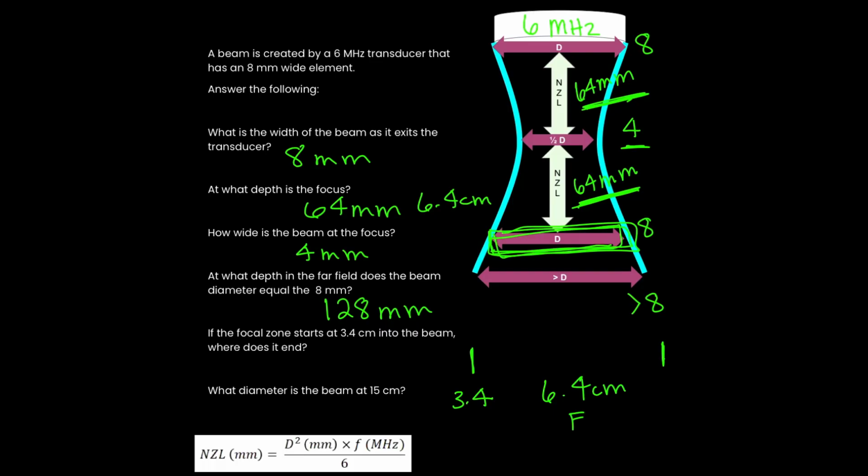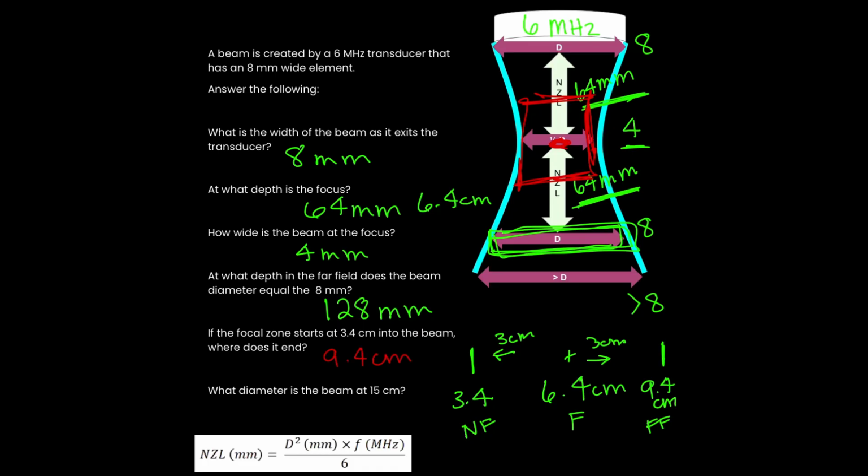So if we are 3 centimeters this way, then we need to go 3 centimeters the other way. So we can take 6.4 plus 3, and that will give us the end of our focal zone at 9.4 centimeters in the far field. So we're going to see that focal zone being equidistant on either side of the focus, 3 centimeters into the near zone, 3 centimeters into the far zone, and that will give us that 9.4 centimeters ending area.